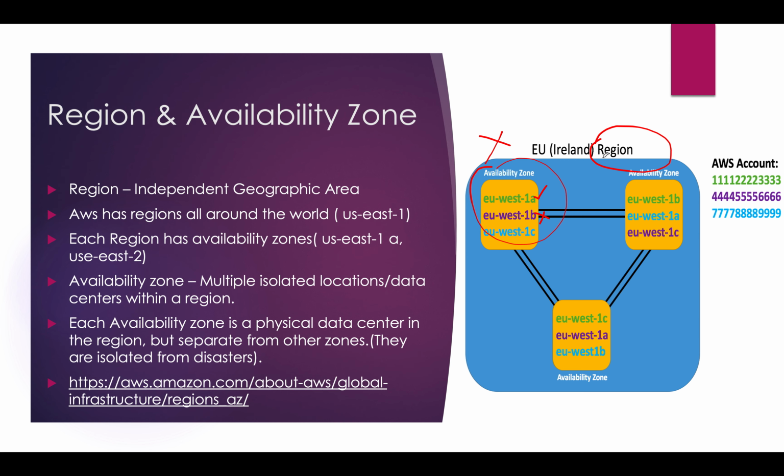So AWS provides all services with high availability, 99.99%, your application won't go down. This is the concept of the region and availability zone, and we have some edge locations also available.